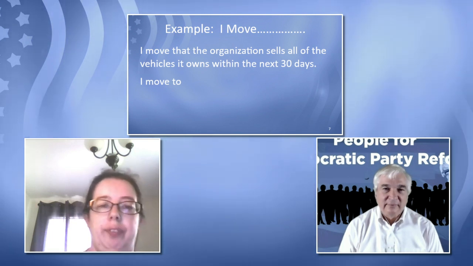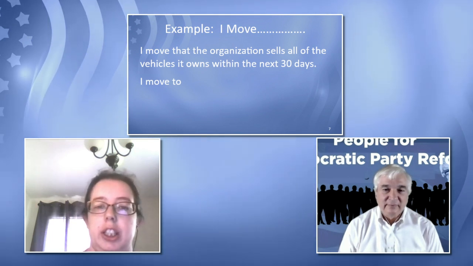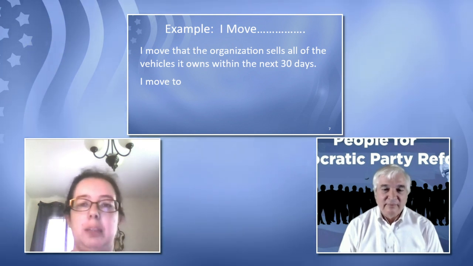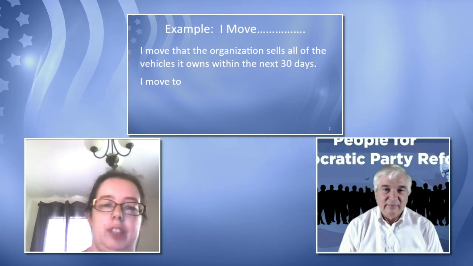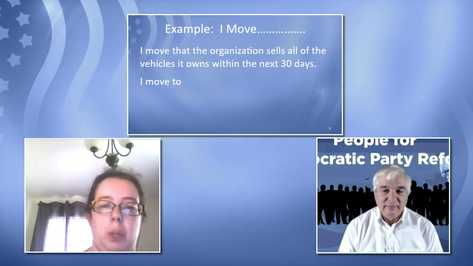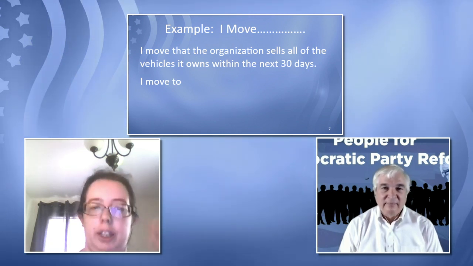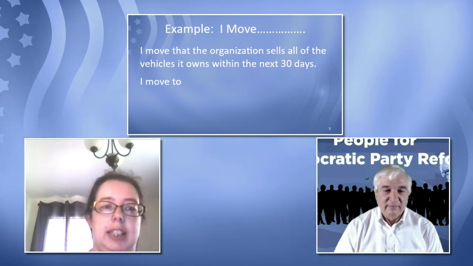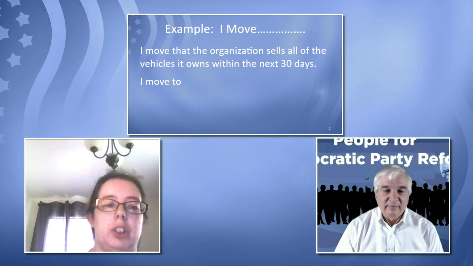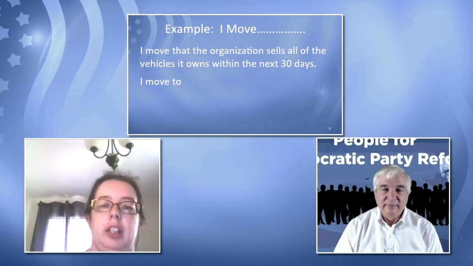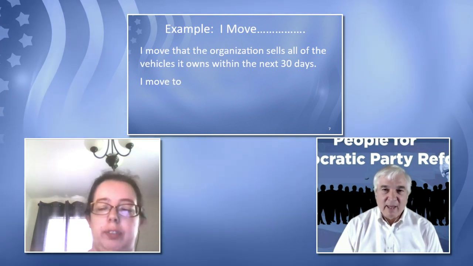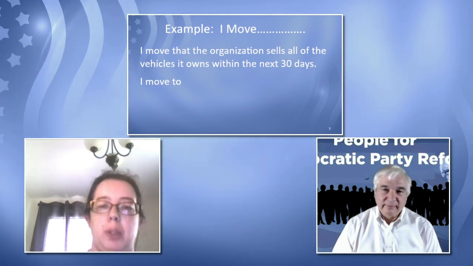So, I move that the organization sells all of the vehicles it owns within the next 30 days. Larry would second me. And then the chair would state that motion. You do that so that the assembly knows exactly what you're voting on, what you're talking about, so there is no ambiguity about what the motion is.